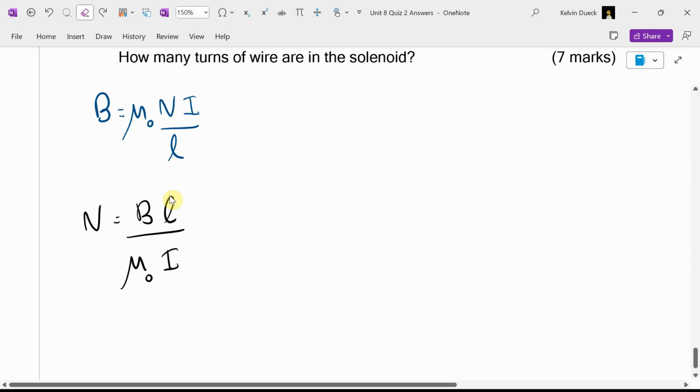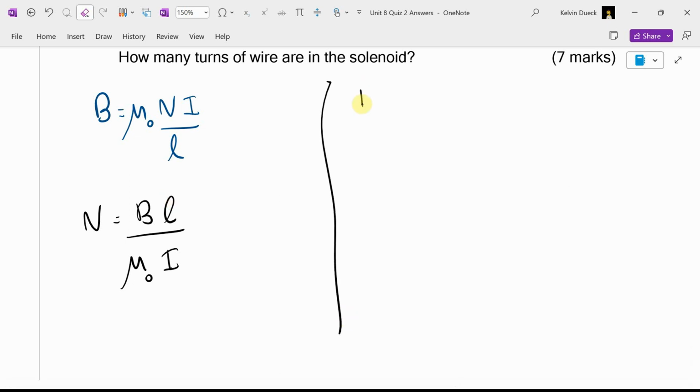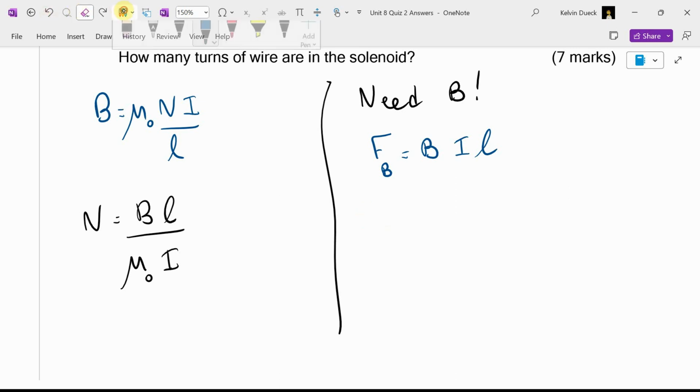So I paused and I said, okay, I need B. Well, I said they also gave me a force, and I know that the magnetic force on a wire is Bill, so maybe I can get that B by itself, because that's going to be the same magnetic field strength. Maybe I can go F over IL.